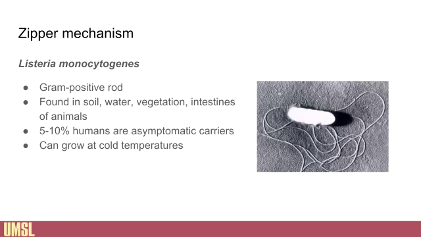Additionally, in terms of food processing, they are tolerant to a lot of preservatives. And so, like lunch meats, for example, are another place that you'll find Listeria.